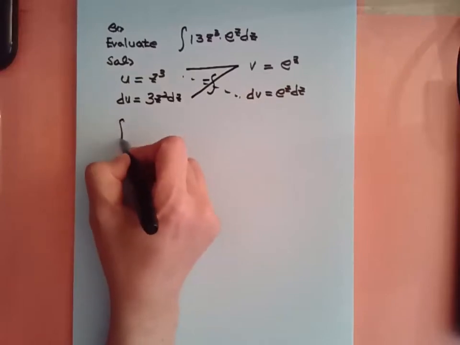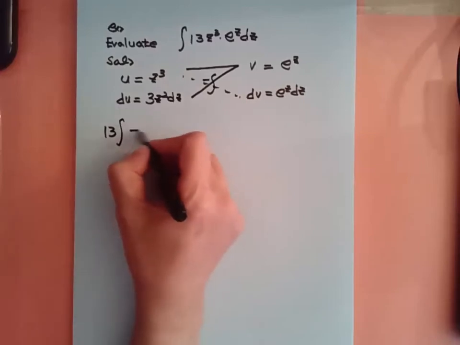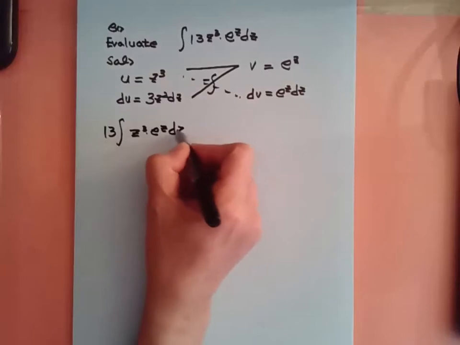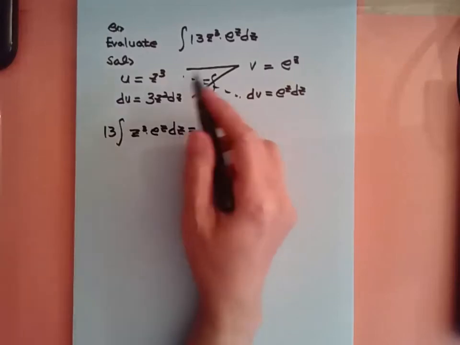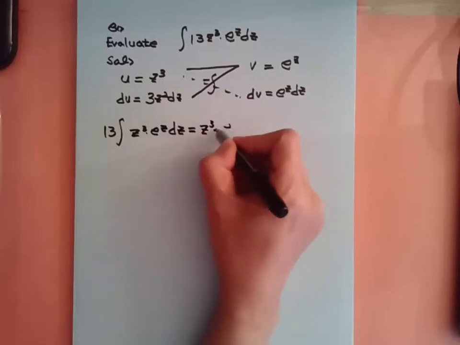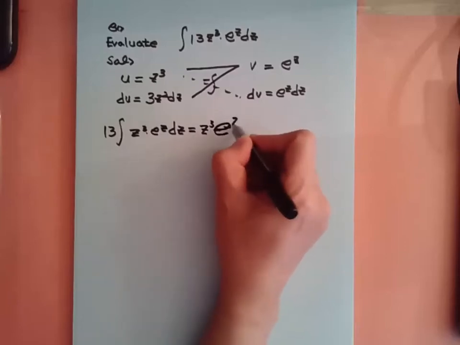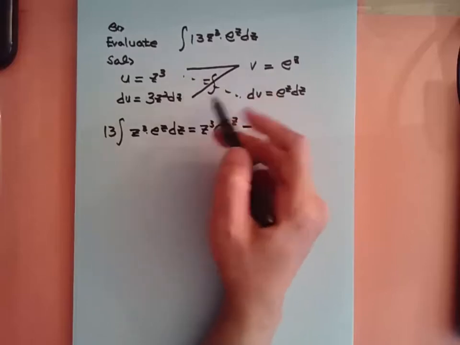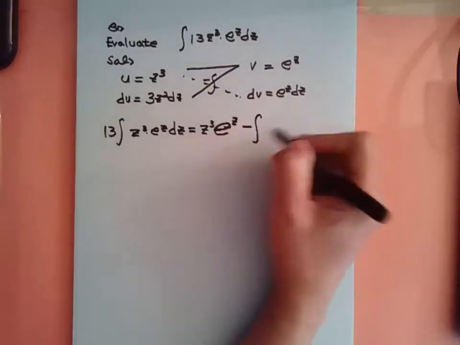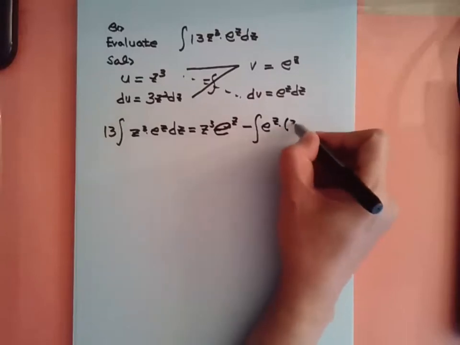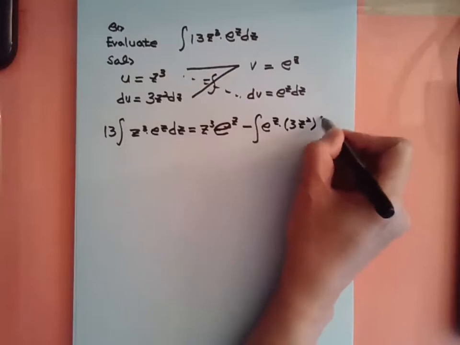The given integration can be written as 13 integration z cubed times e to the z dz. So u times v is z cubed e to the z, minus integration v du, which is e to the z times 3 times z squared dz.